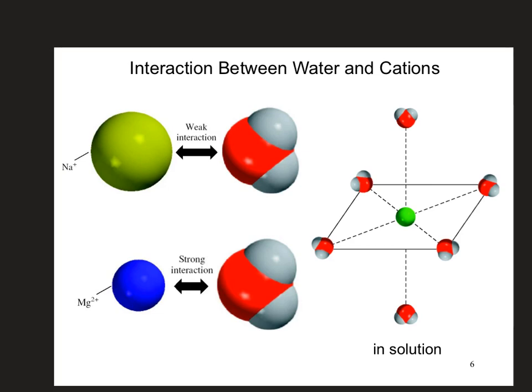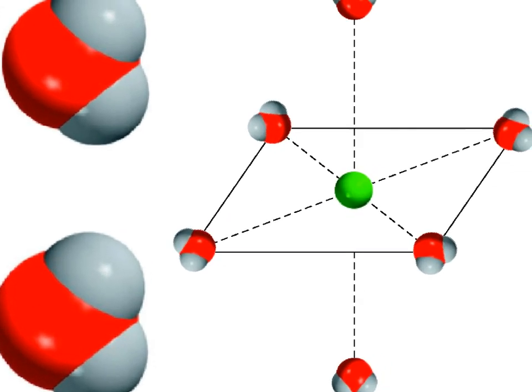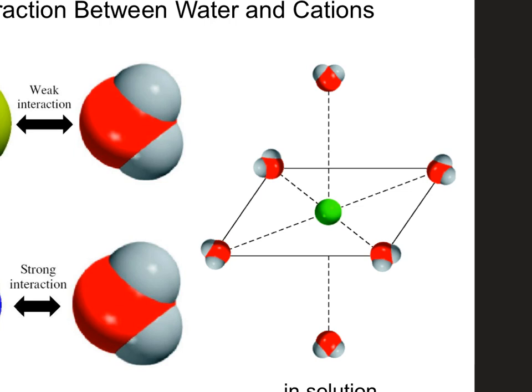And so what happens is that a whole bunch of the water molecules surround that cation. Okay? It's not just a 1-to-1 ratio. A bunch of them surround that cation from every angle. And that's why it dissolves. That's why when we look at it, salt disappears in water.